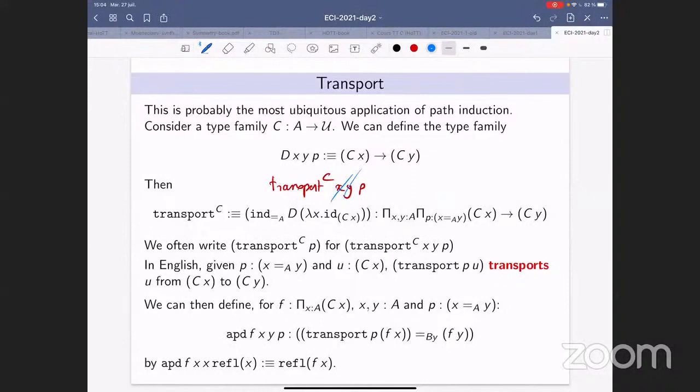If I apply it to an element U, which is of type CX, then this thing here is of type CY. This is exactly what this type says. So this is exactly what we wanted.